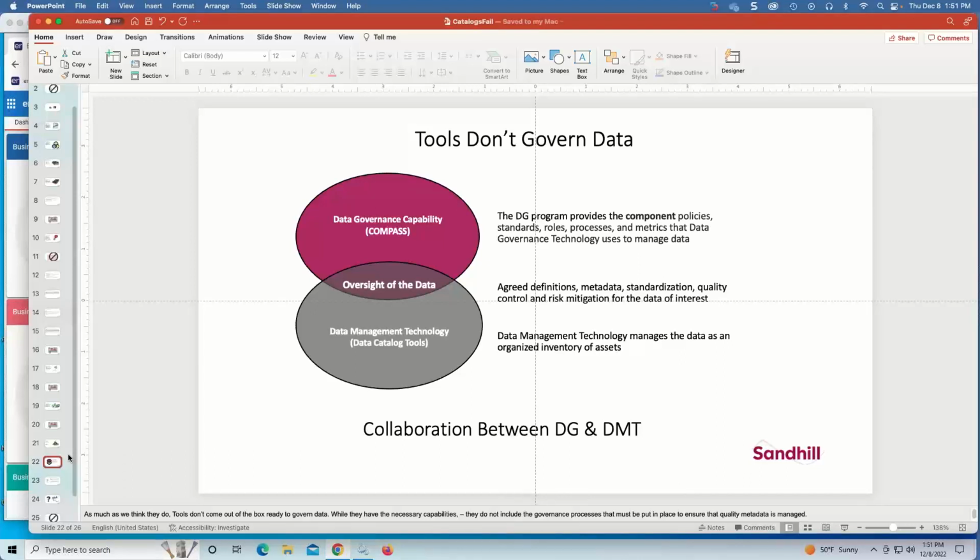Whether you've already got a data catalog and you're figuring out that, okay, I don't have that information and I need it, or whether you're about to embark upon a data catalog and we're telling you, hey, that's great, but the data catalog is the end, not the beginning. You should have your approach all figured out, your policies and procedures and things like that.